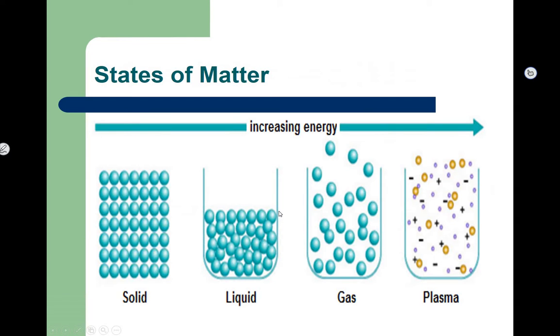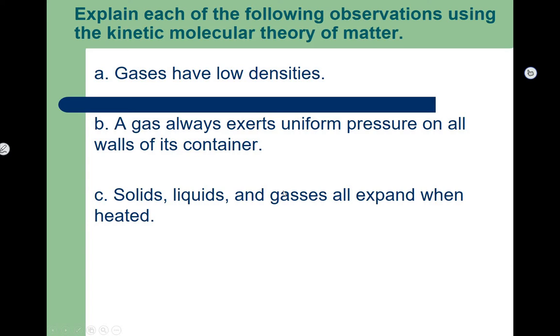We know as we go from solid to liquid to gas to plasma, energy increases. And because energy increases, that means these molecules are moving faster around, hitting each other more, and there's more collisions. So some things that we need to observe about kinetic molecular theory. Gases have low density. They're far apart. A gas always exerts a uniform pressure on all the walls of its container because they're moving so fast they bounce around.